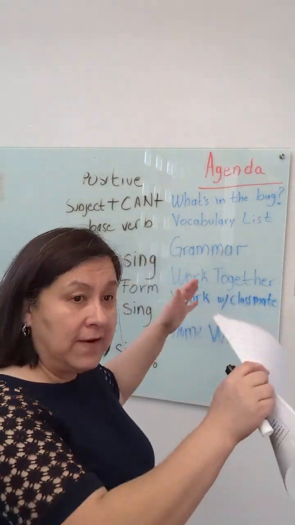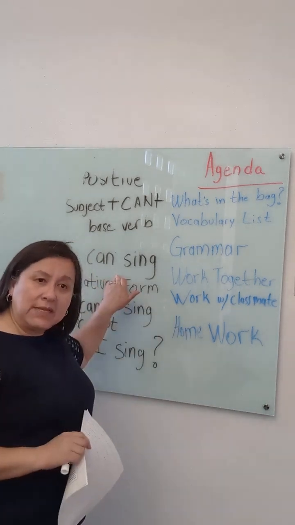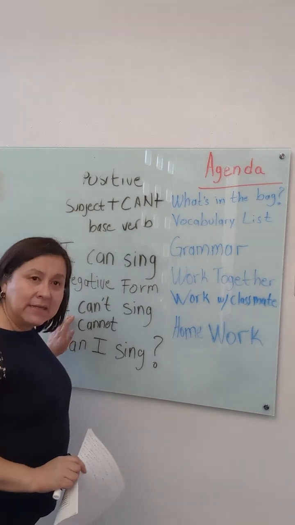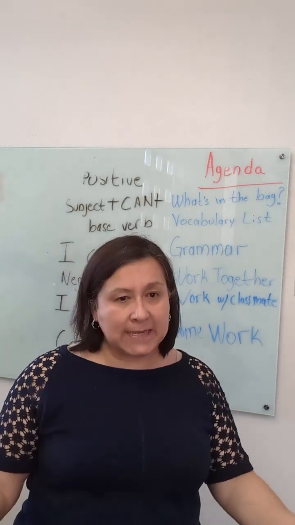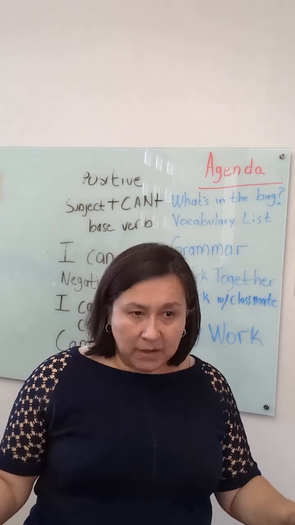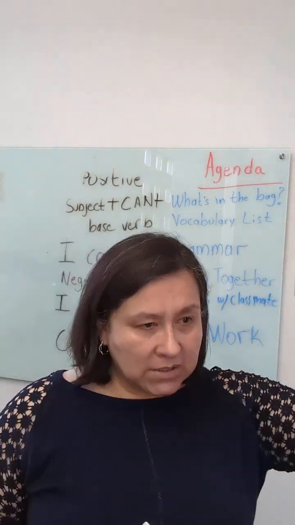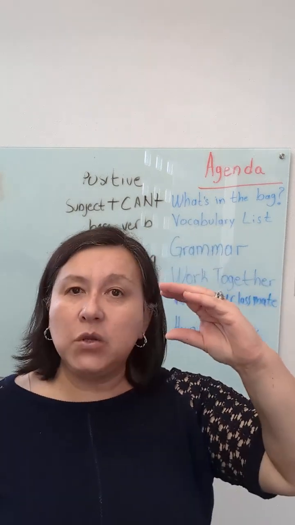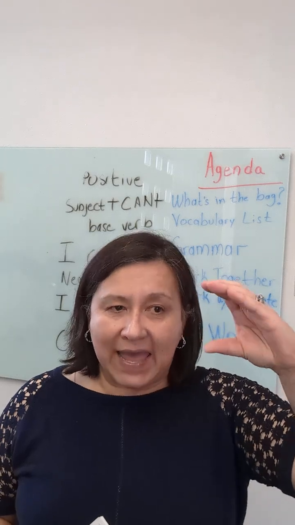And for my first example, I can sing. I can now do this in negative form, and it will be I can't sing or I cannot sing. Everybody with me?